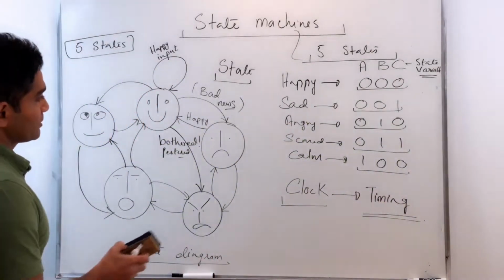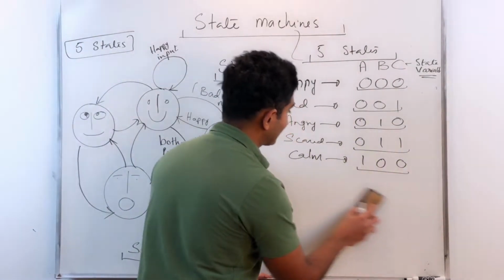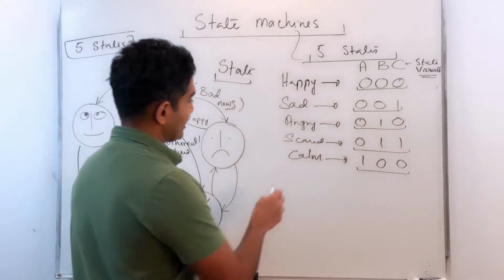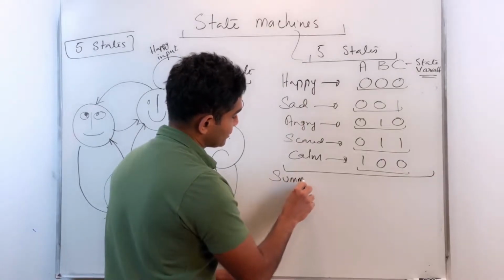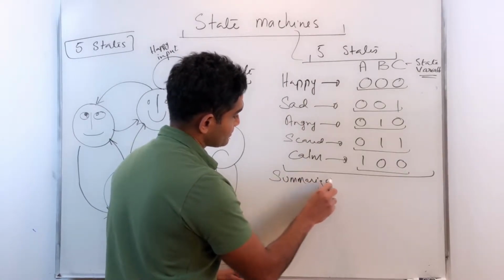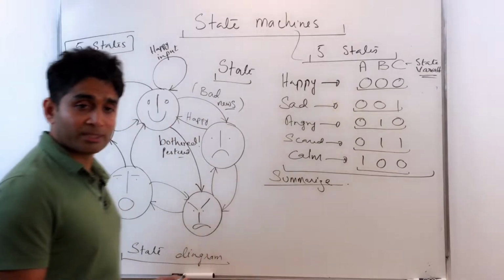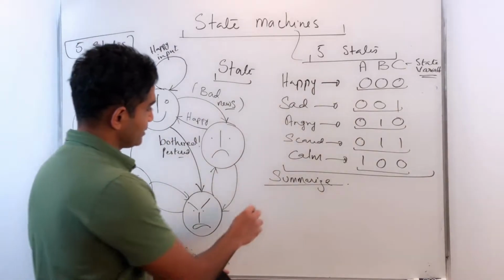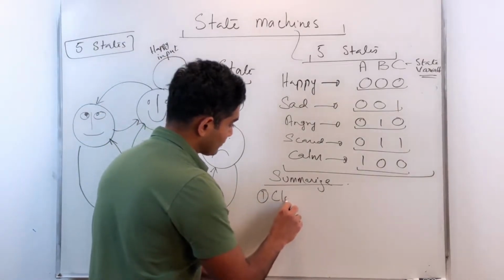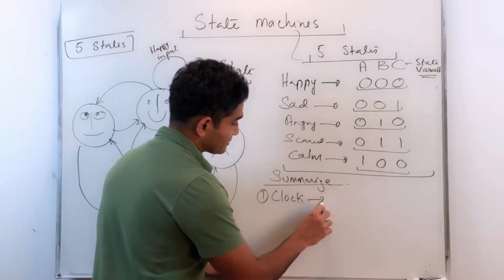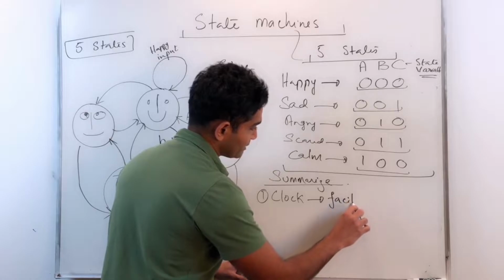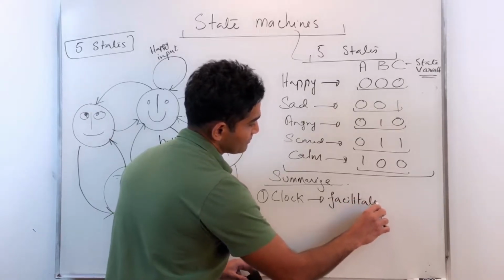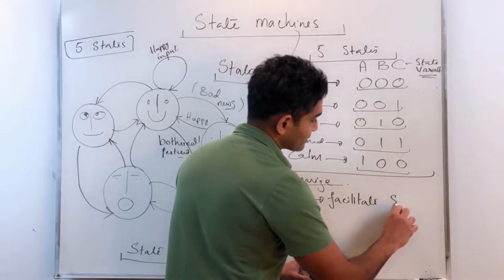All right. So with that information, to summarize, in terms of designing a digital system as a state machine, it is the clock that facilitates state transitions, facilitates movement of time.